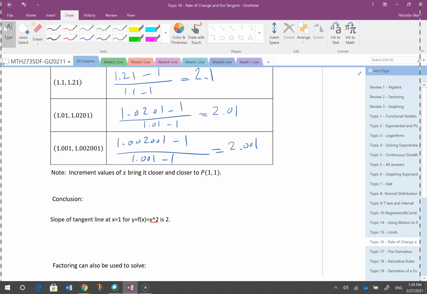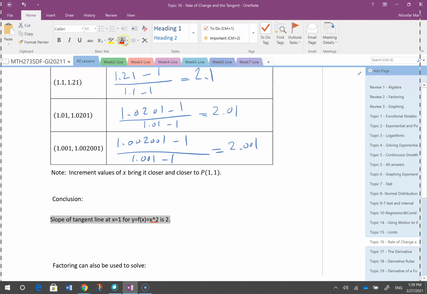That's your conclusion when you look at the table. You start with something close and you go closer and closer. So maybe I can make this red.